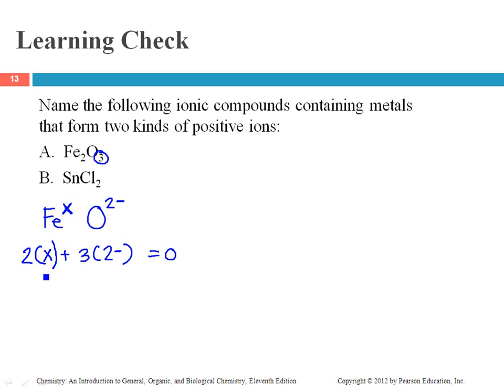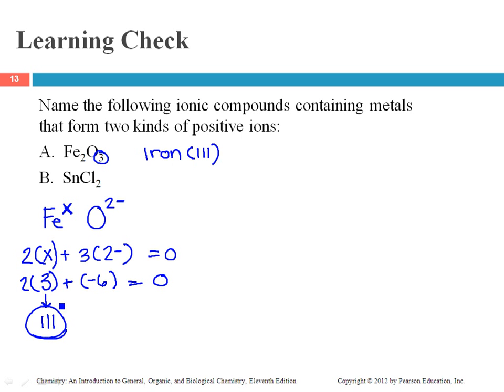So 2 times 3, plus -6 equals 0. 6 minus 6 equals 0. And so our Roman numeral is going to be 3. Oxygen becomes oxide. So we have to recognize first that we've got iron 3, this is where whatever we're solving for comes in, and oxygen becomes oxide. And there is a space here. So you have a space between the metal and the nonmetal.